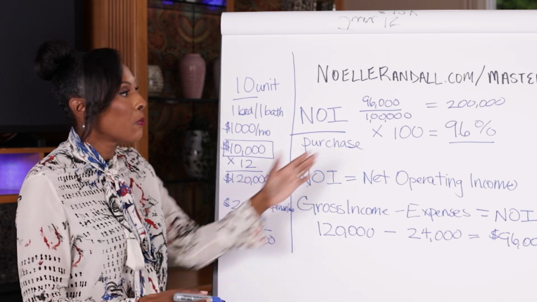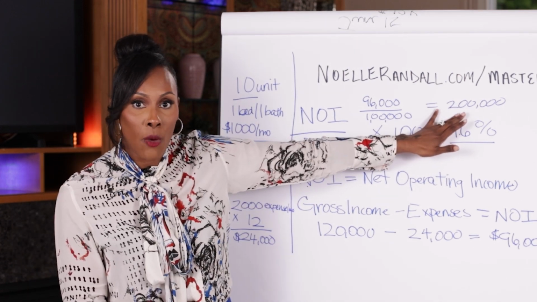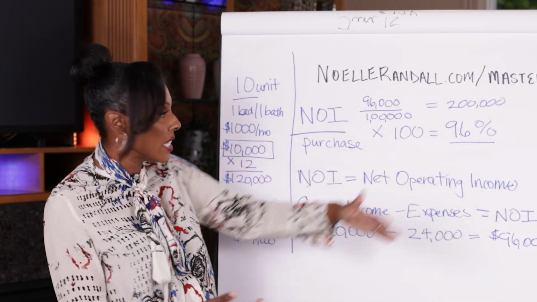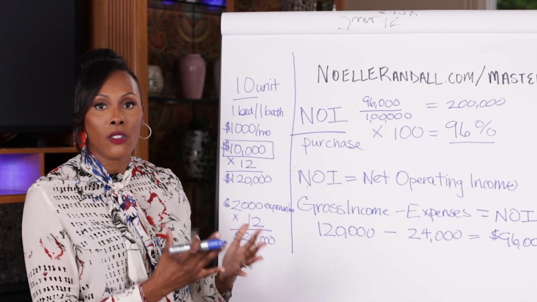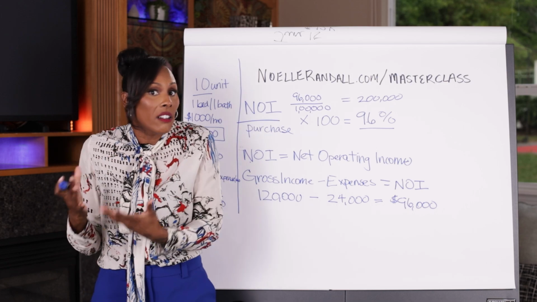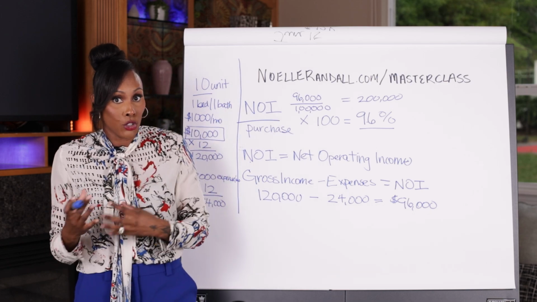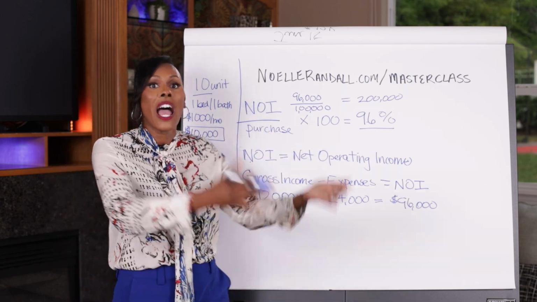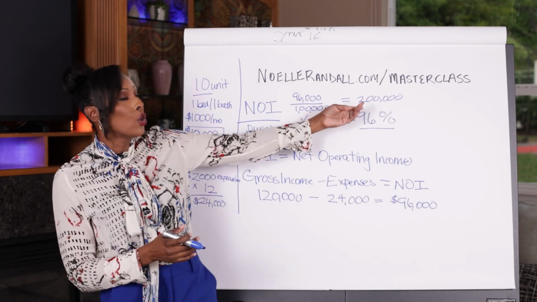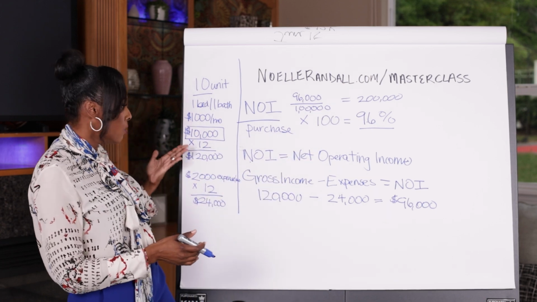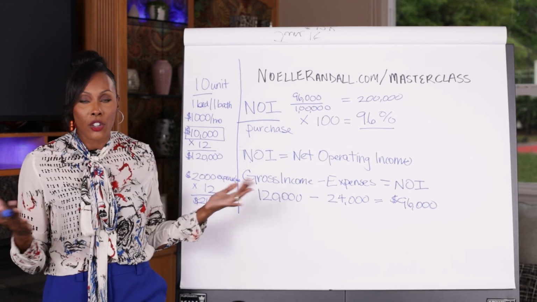So I spent $200,000 as a down payment. It has a mortgage on it, obviously. But at the same time, I'm immediately getting back $10,000 per month. That's a good investment. That's cash on cash return. I put out $200,000, I get back $10,000 every single month. So I'll be able to recoup my down payment using this number in less than 2 years.